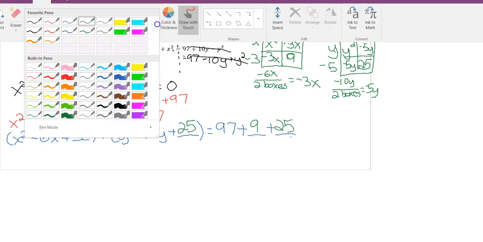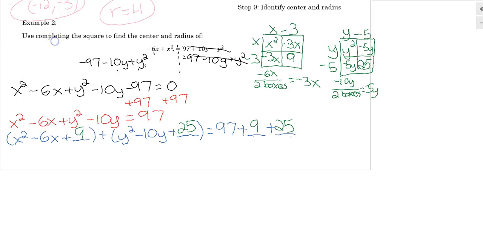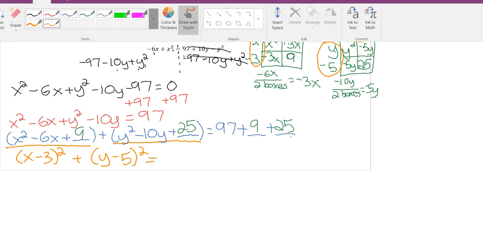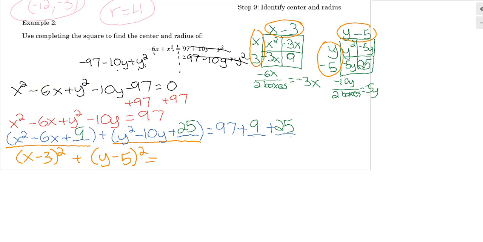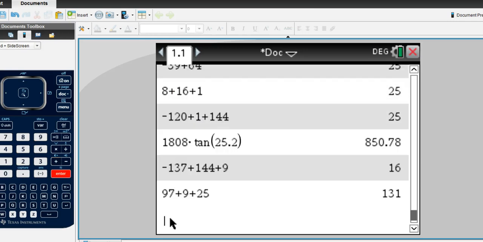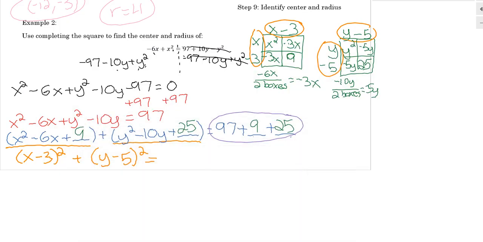So then we rewrite it using the outside of the box. This is rewritten by x minus 3. This is rewritten by y minus 5. And then we have that equal to, right, all what's over here, 97 plus 9 plus 25. You get 131.